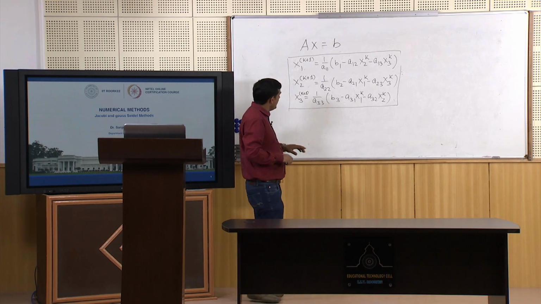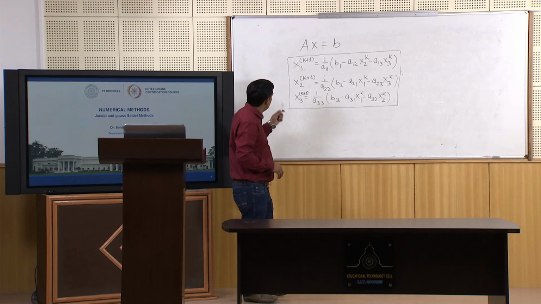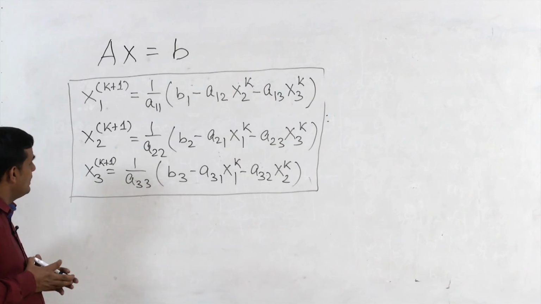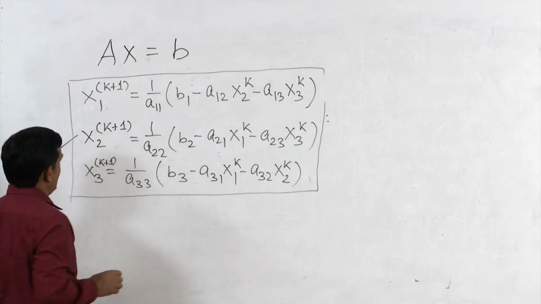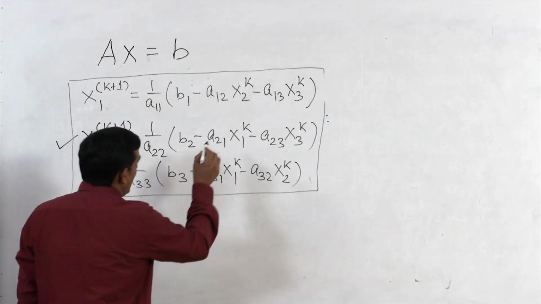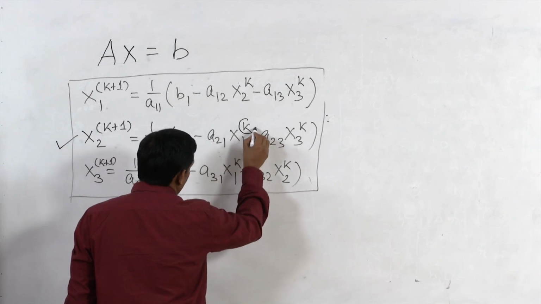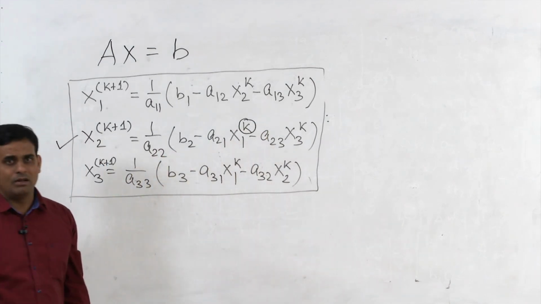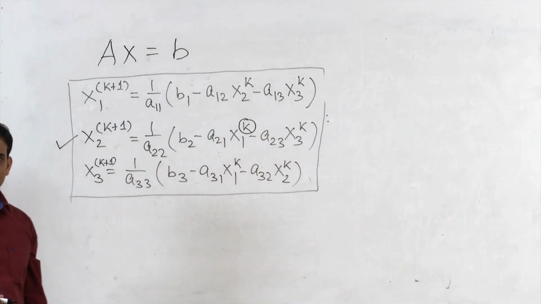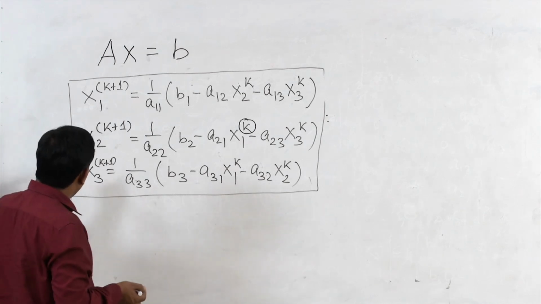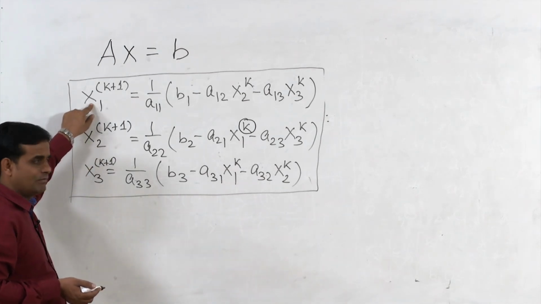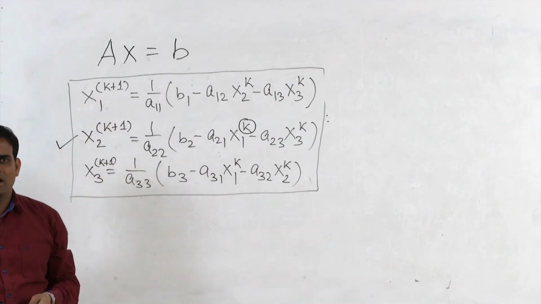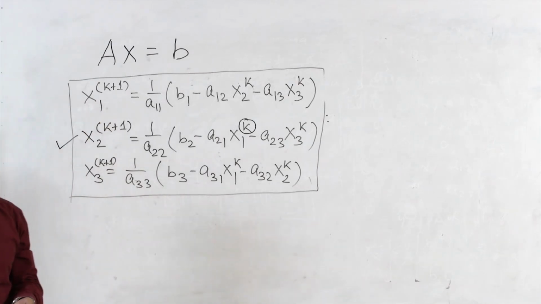If we see the iterative equations of the Jacobi method, here you can see in the second equation I am using the value of x1 from the previous iteration. However, before going to the second equation, I have found the value of x1 in the current iteration.